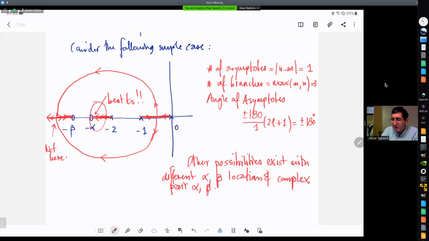Because here we have a dominant pole which is squeezed between minus alpha and minus 2. So the best settling time depends on the choice of minus alpha, and also is achieved at, remember, this point where k goes to infinity. So in fact, this settling time becomes better and better as you increase the gain. All right.